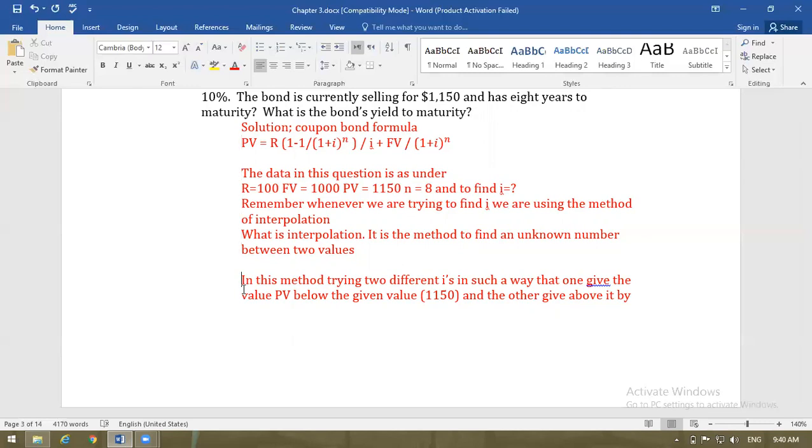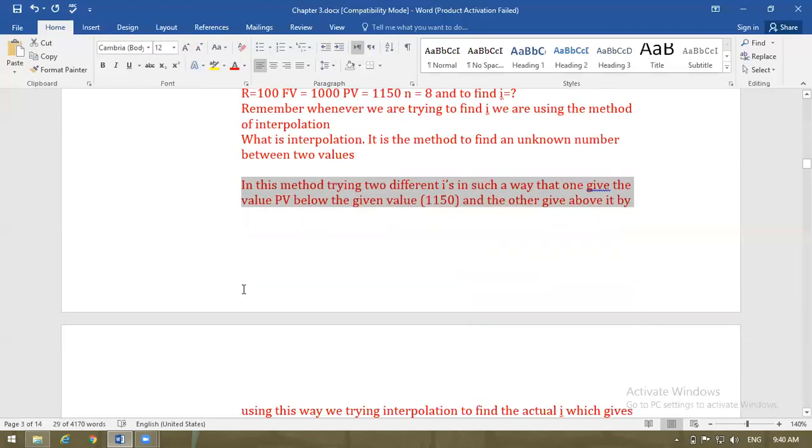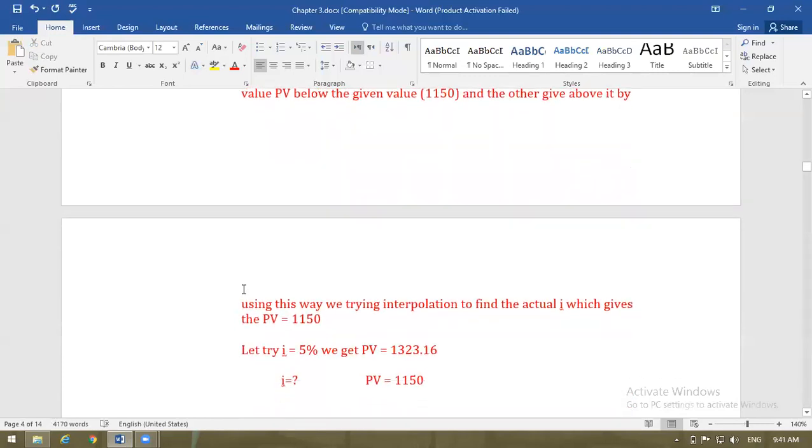In this method, we try two different i's in such a way that one gives a present value below the given value, which is 1150, and the other gives above it. By using this way, we interpolate to find the actual i which gives the present value 1150.